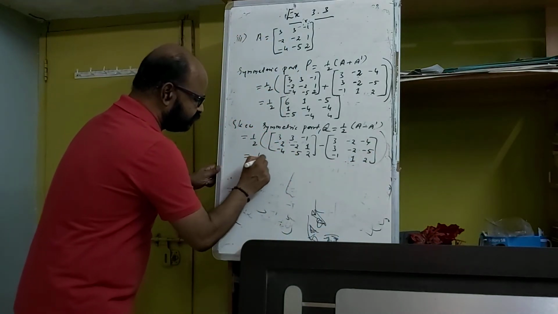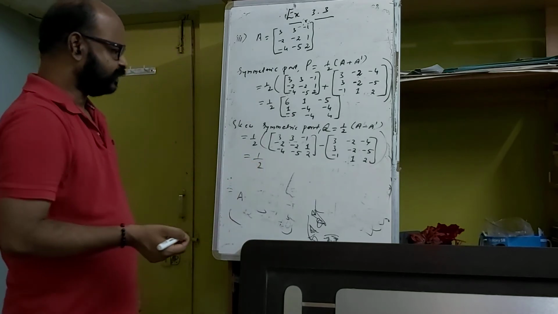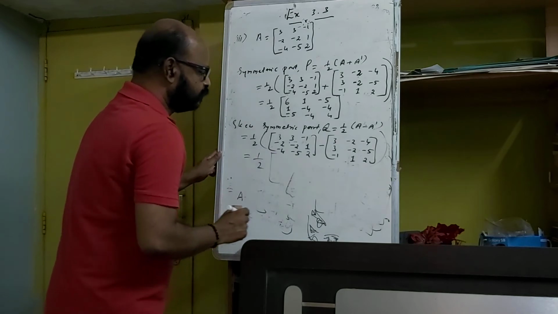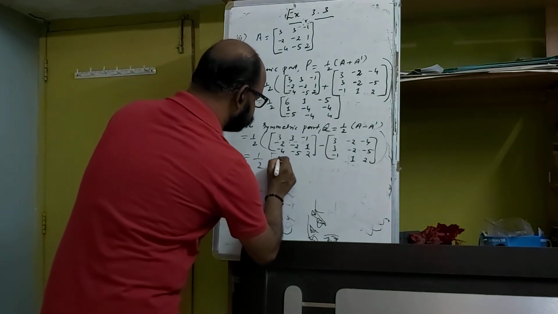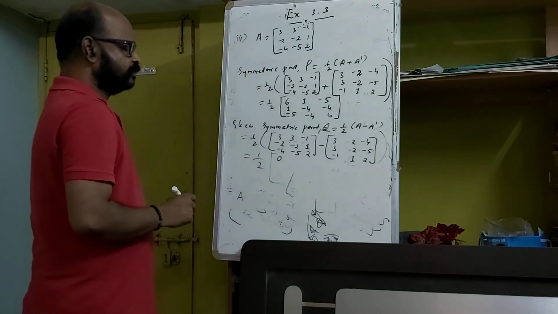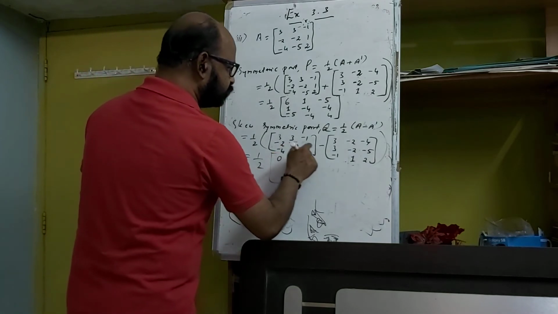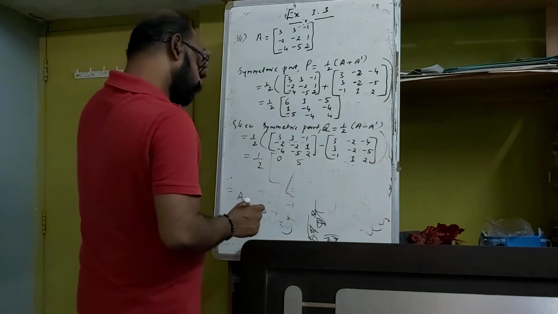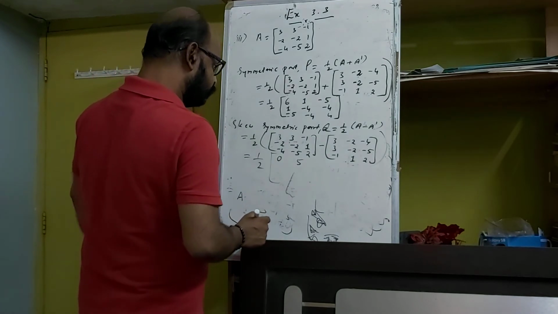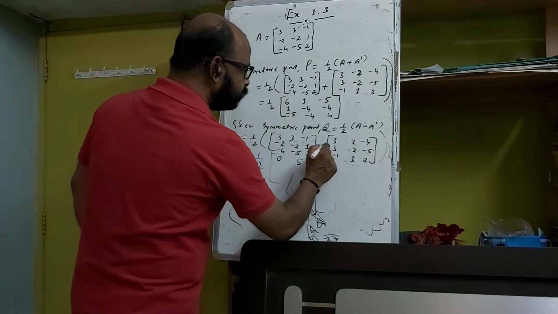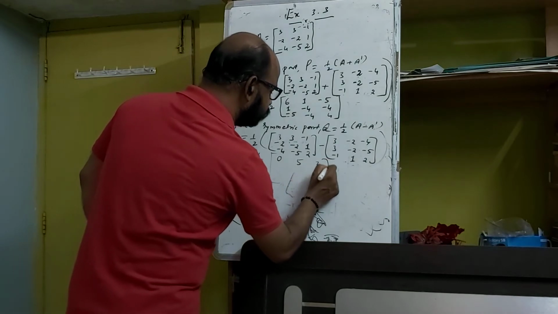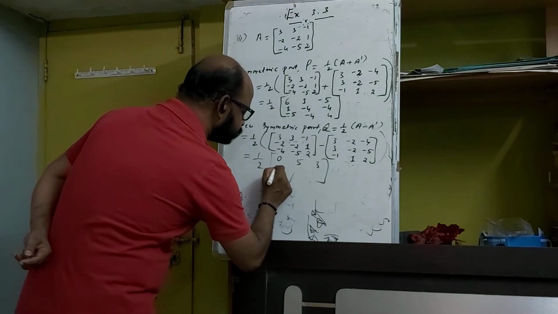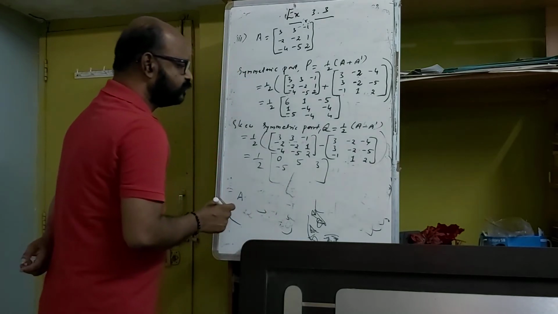Okay, then subtraction means the negative addition, or simply do the subtraction. 3 minus 3, 0. 3 plus 2, 5. Then minus 1 plus 4, that is 3. Minus 2 minus 3, that is minus 5.